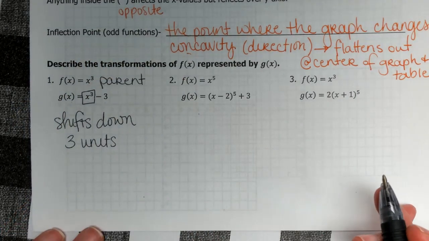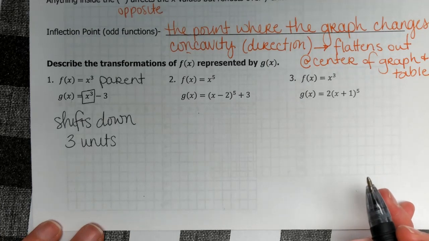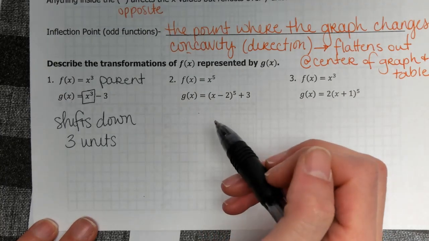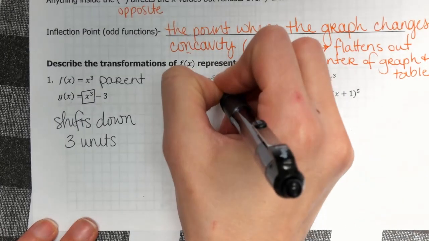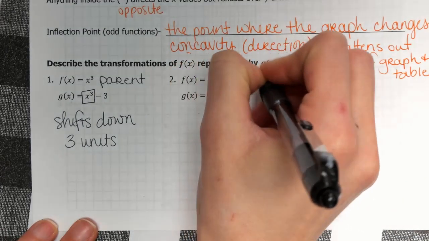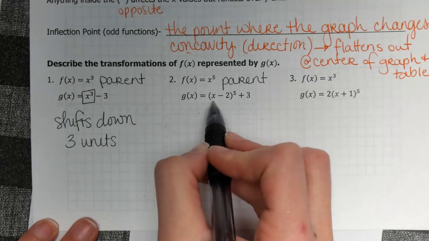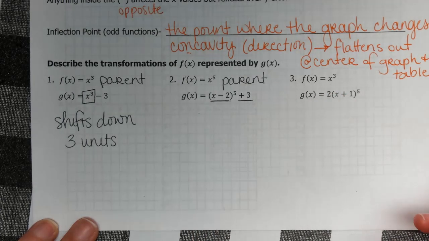You can do shifts or translates. Shifts is just shorter. Same thing. Translates is more mathematical, but I'm good with shifts. Alright, the next example, my parent function is x to the 5th. So here, I've got x minus 2 in parentheses to the 5th power, and then I have a plus 3.